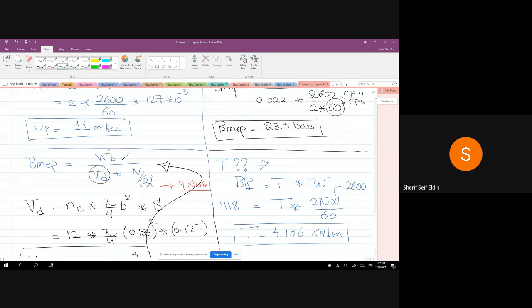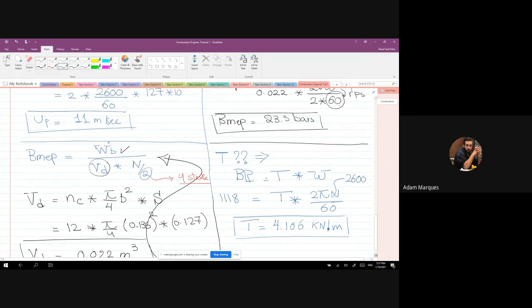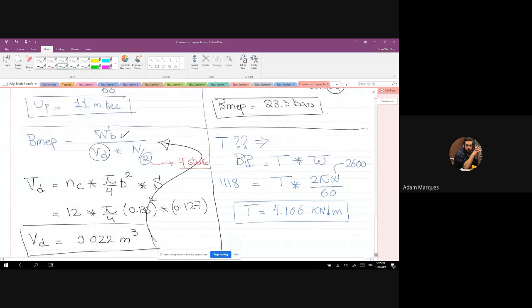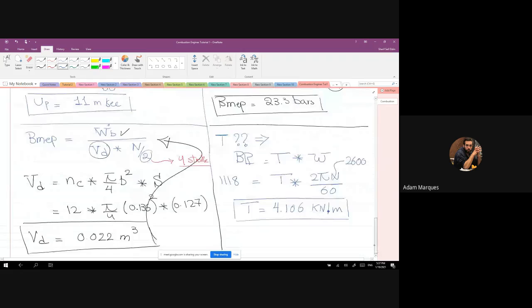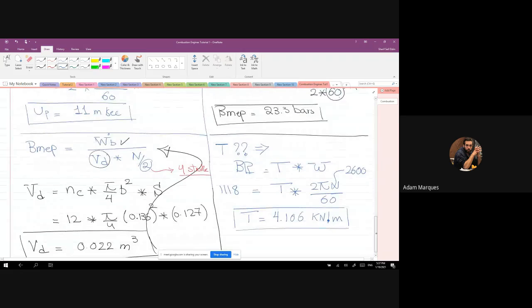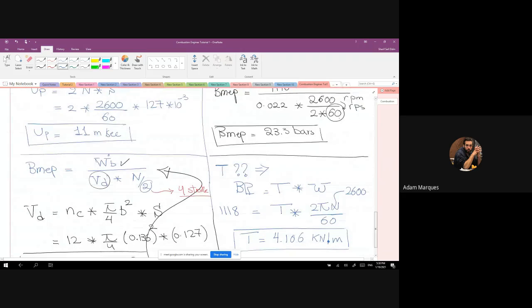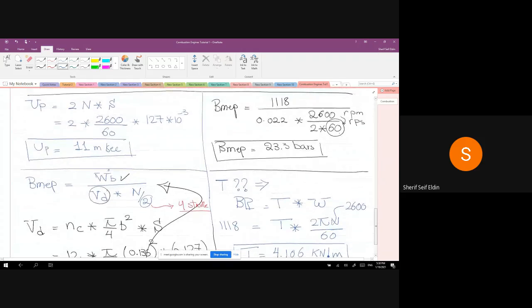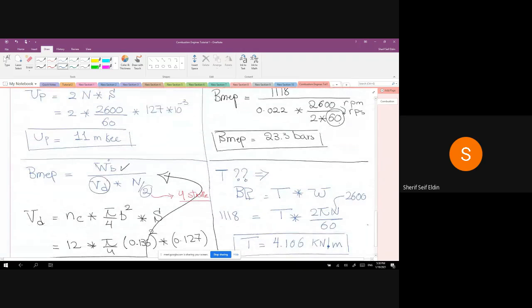I'm not sure if others got that answer or not. I got the BMEP to be 2.34 bar, and the torque to be 410 Newton meters.